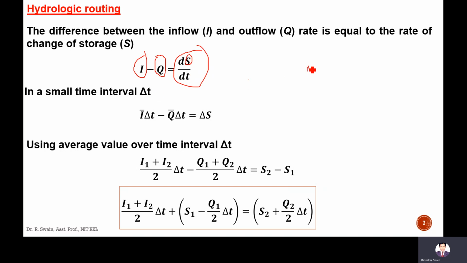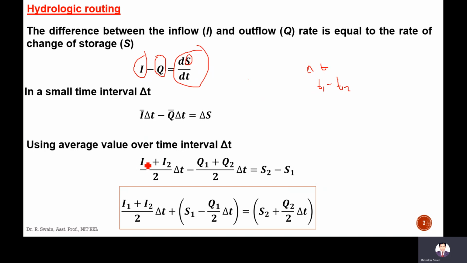So if you take a time interval delta t, then it will be I average delta t minus Q average delta t equal to the change in storage in this time interval delta t. Using the average value, delta t is T2 minus T1.